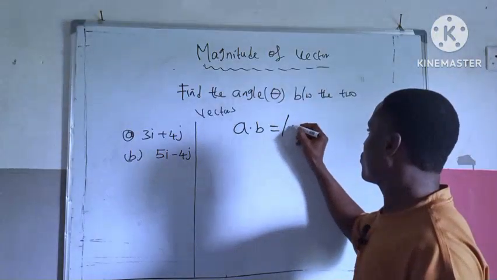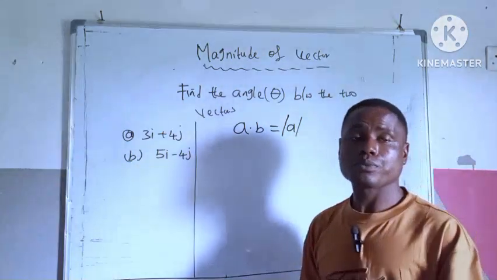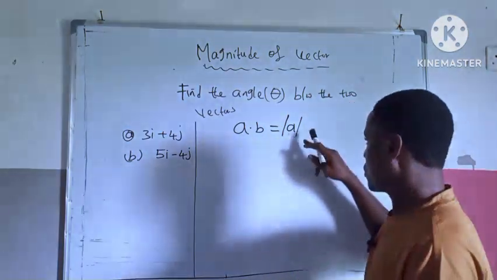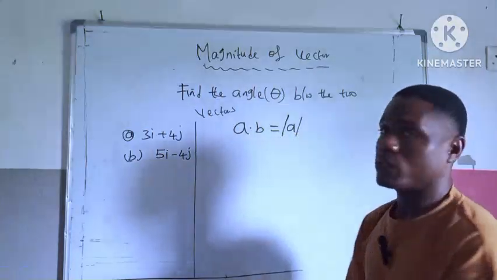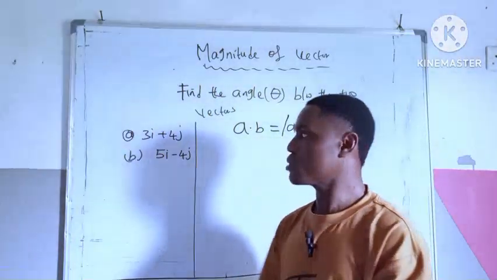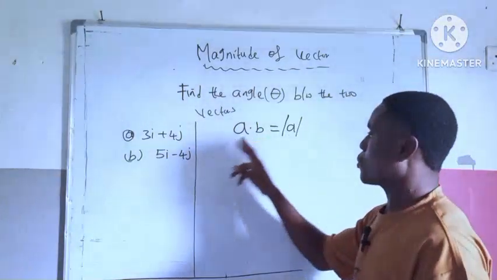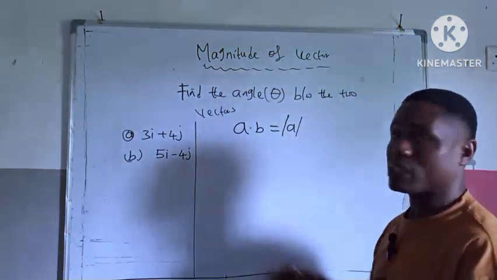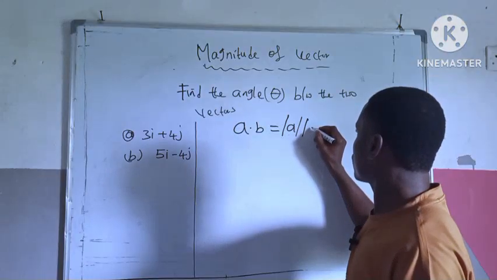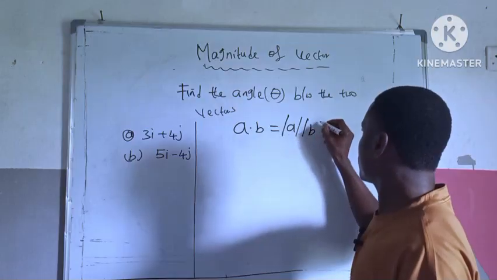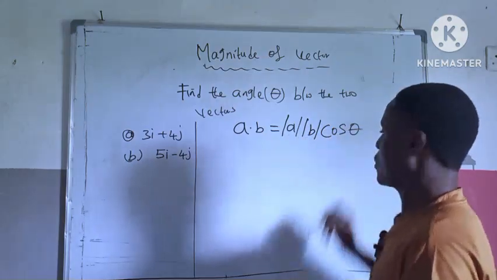This sign means magnitude. When we were solving for magnitude I didn't show you this sign, so once you see it, it refers to magnitude. So please take note. The dot product of a and b equals the magnitude of a multiplied by the magnitude of b, multiplied by cos theta.